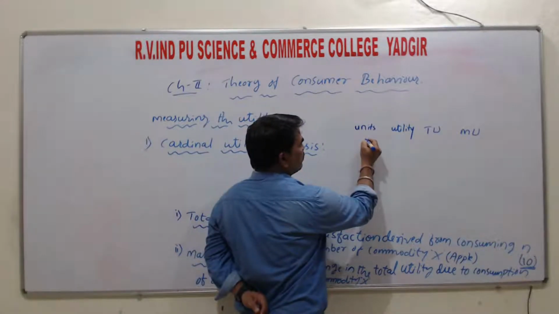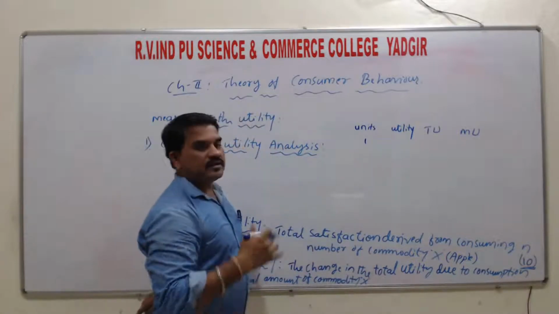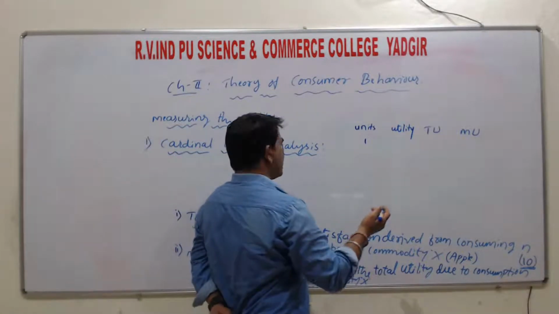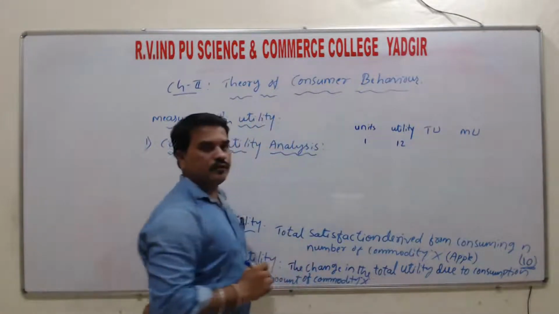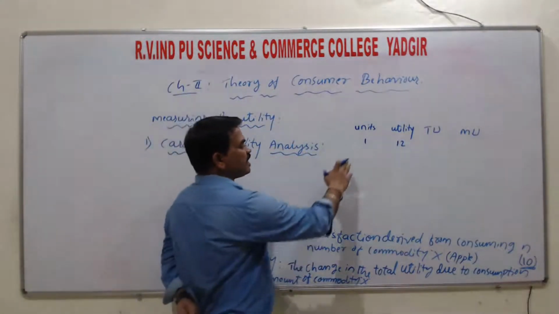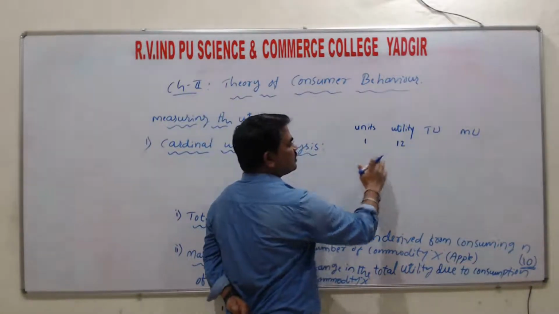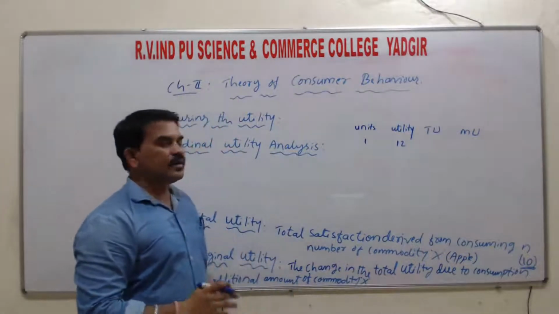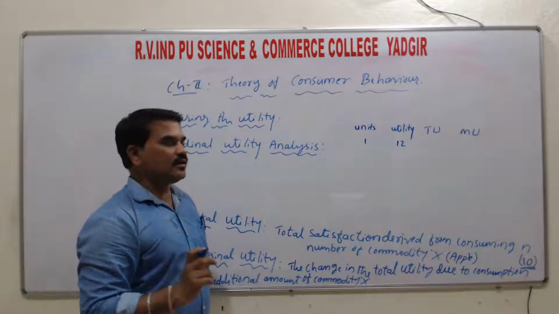So I have one apple and I ate this apple. My satisfaction level, I can say 12 units. How much? 12 units. By eating one apple, my satisfaction is, in numbers, it is 12 units. I am satisfied by 12 units.